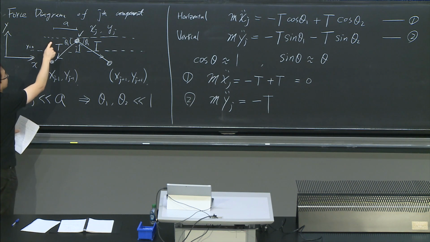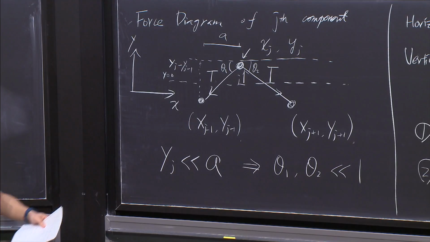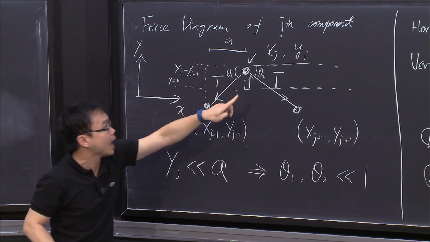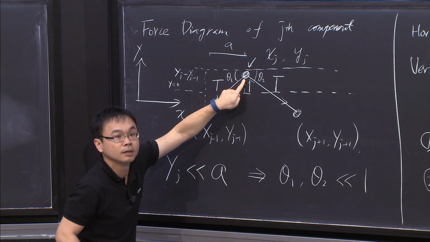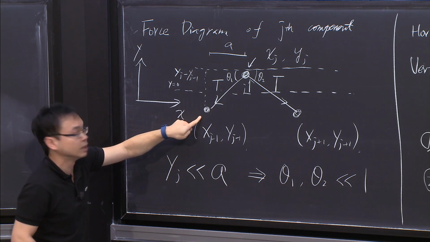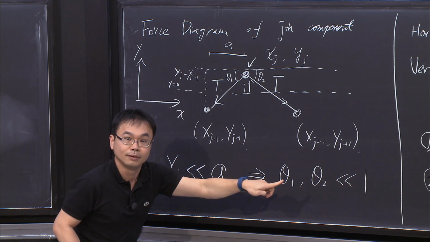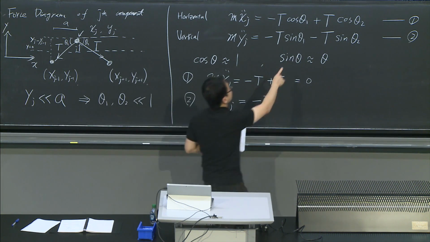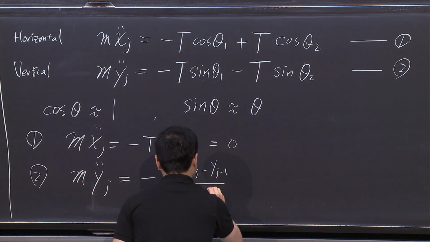It is the difference between the displacement of mass j and the displacement of mass j minus 1, yj minus yj minus 1, divided by a, which gives theta 1. Therefore, sine theta 1 becomes yj minus yj minus 1 divided by a.